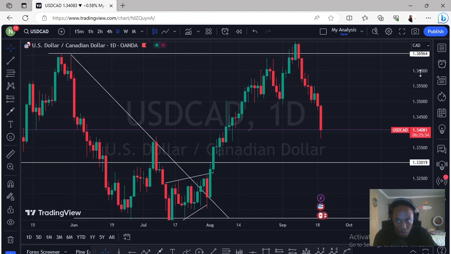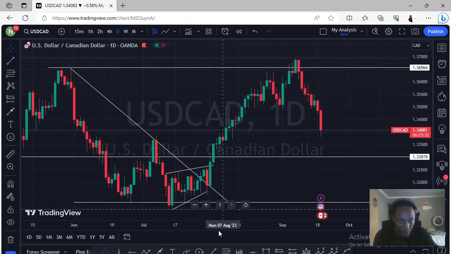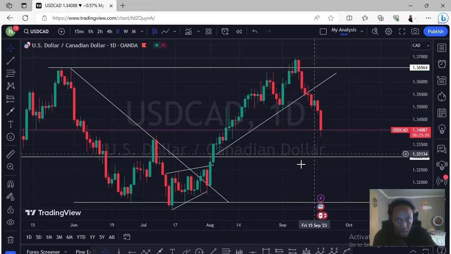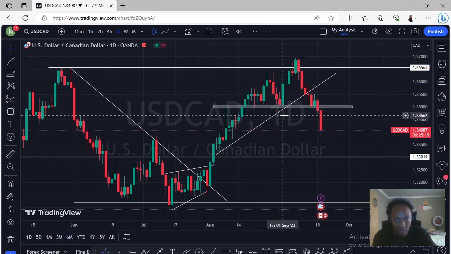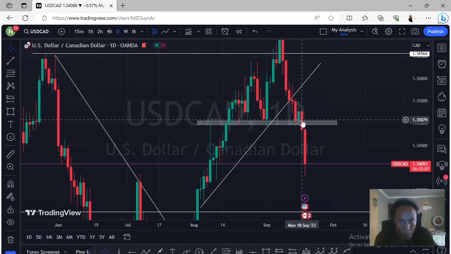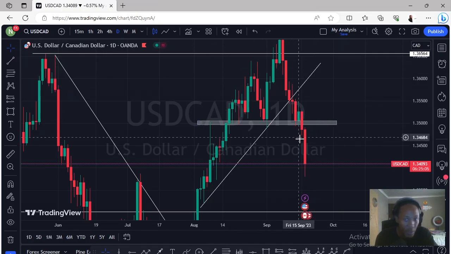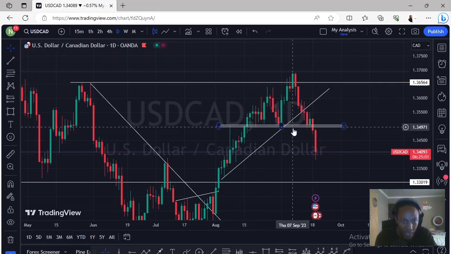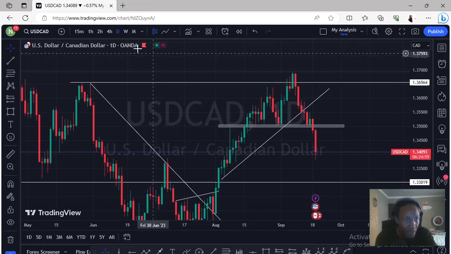So yesterday we saw a sell, because of the bullish engulfing candlestick. Monday, Tuesday. So definitely we're selling again tomorrow. Today I was in the market.